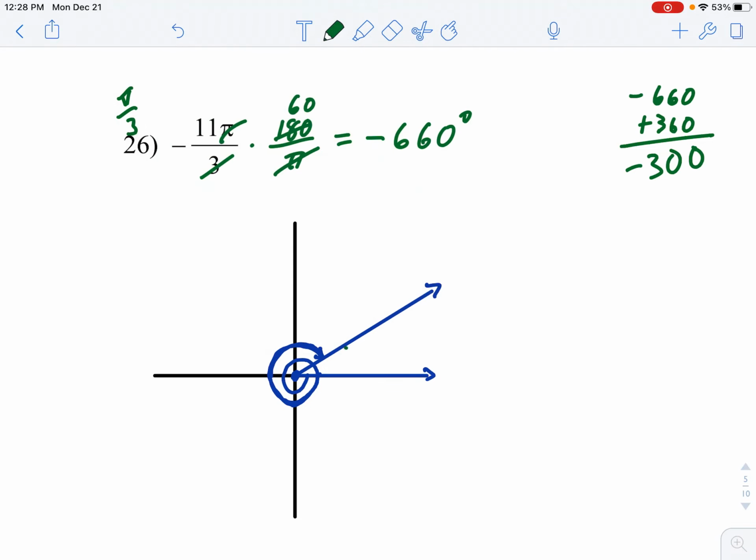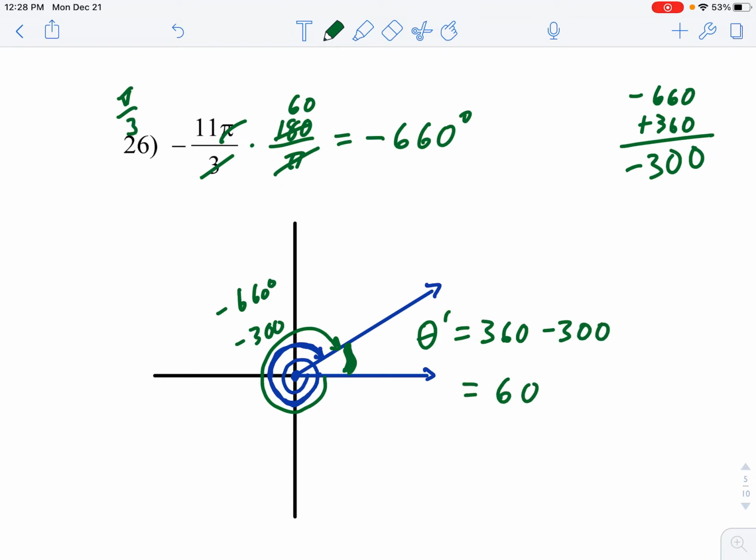Now my reference angle is right here. If that was negative 300 degrees, which is the same as negative 660 degrees, how much is left over there? My theta prime is going to be 360 minus 300, which gives me 60 degrees.